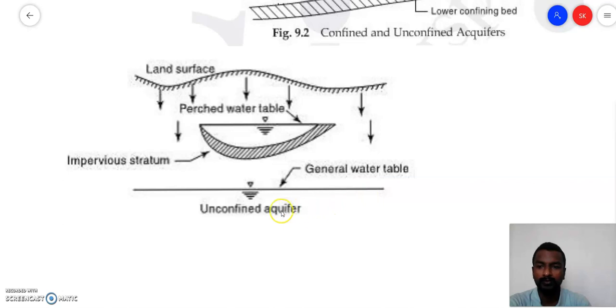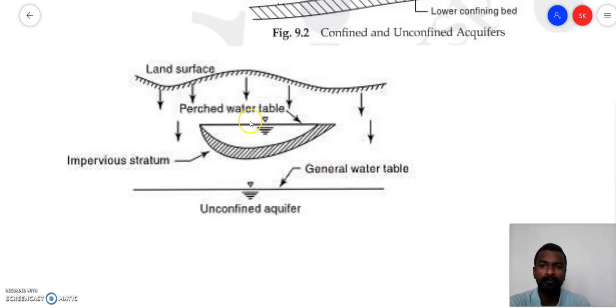Here you can observe that this is a groundwater table and this is a perched water table. Basically, we know that the water level below the ground surface is nothing but the water table. Now it is sometimes quite confusing that this one is also a water table; this is a perched water table, and this is the general water table.